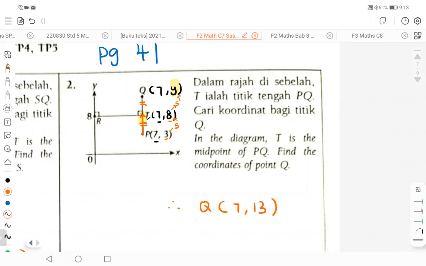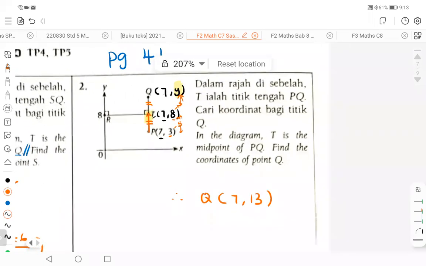The reason is easy because here is 5 units away, so here also 5 units above. So 8 plus 5 is 13. Okay, you can just write down the notes for yourself. This one, no need to use formula. But if you want to use the formula also can. It's just like what we did just now.